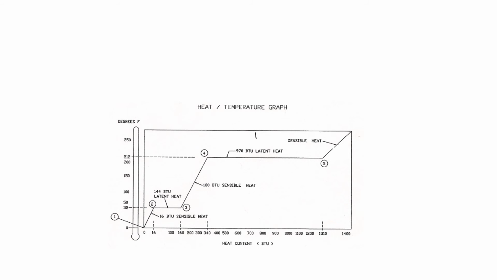At 32 degrees Fahrenheit, it takes an additional 144 BTUs of latent heat to melt it and change it to water. An additional 180 BTUs of sensible heat is added to raise the temperature to 212 degrees Fahrenheit. It takes an additional 970 BTUs of latent heat to change the water to a vapor.